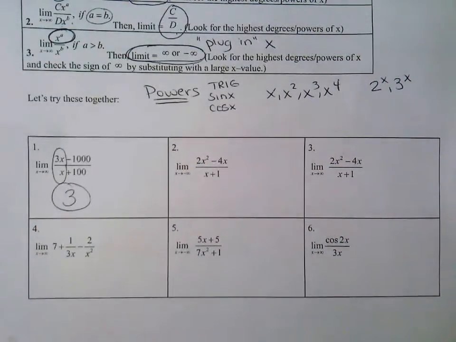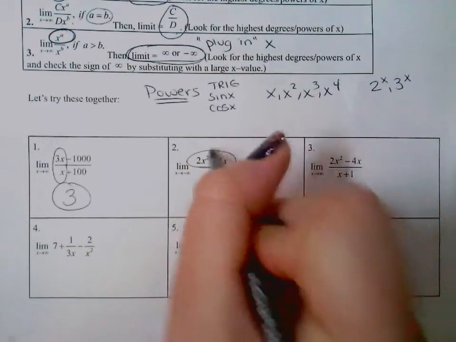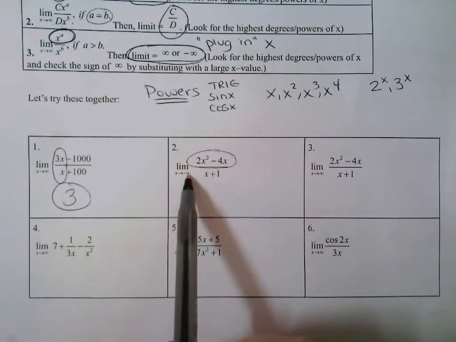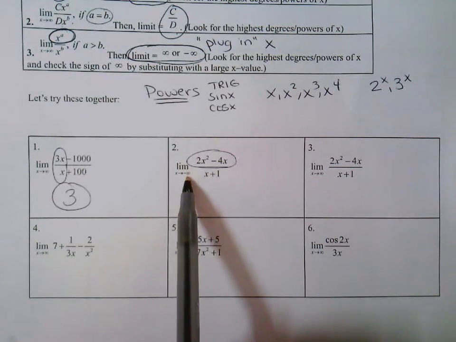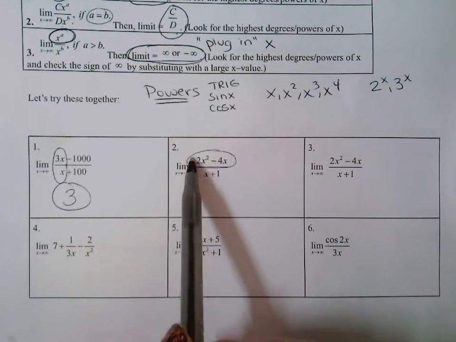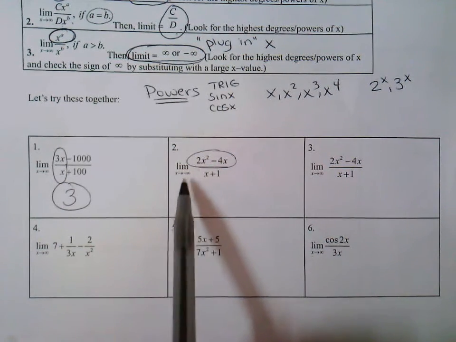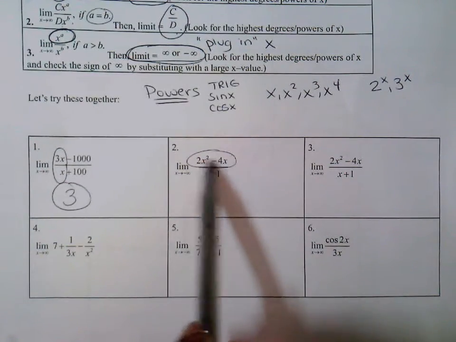In example 2, the numerator wins as a power. So what we need to do is plug in a value for x. This is having us plug in a negative value for x. If I plug in a really big negative value, what's going to happen when I square it? It's going to become positive, right? So I just check a negative value in the larger term of the numerator.